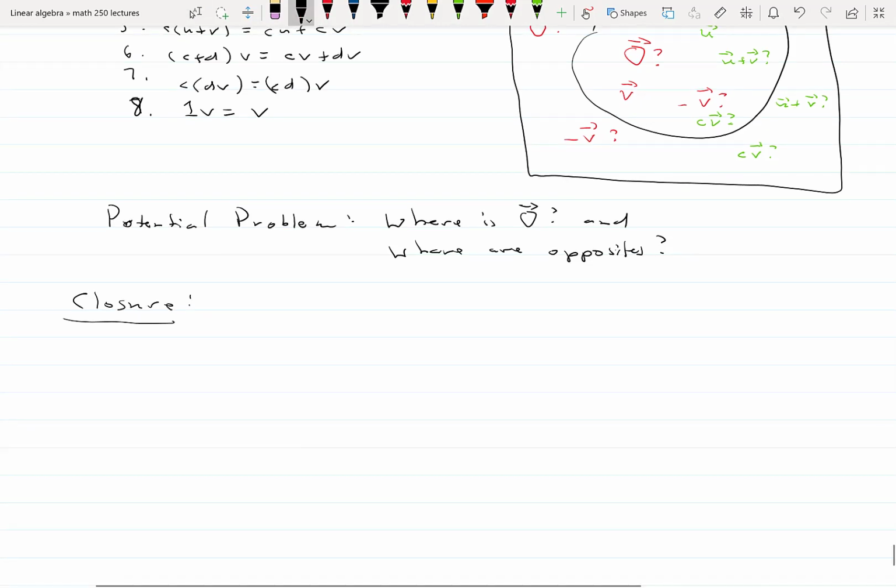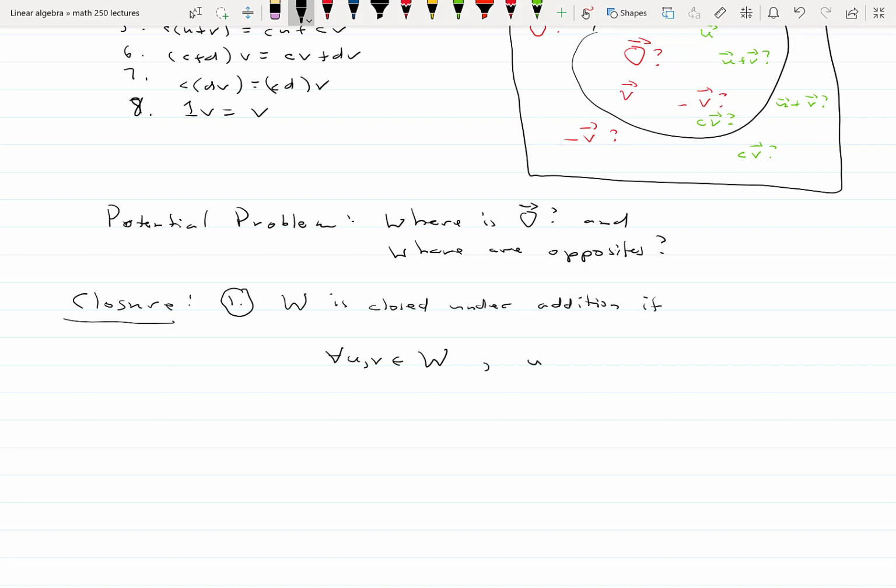I'm going to write that down without the wall analogy, though. So W is closed under addition if for every u and v in W, u plus v is in W. Okay.